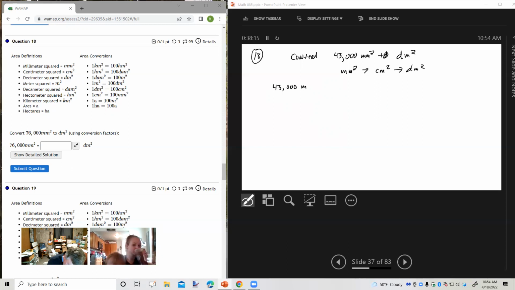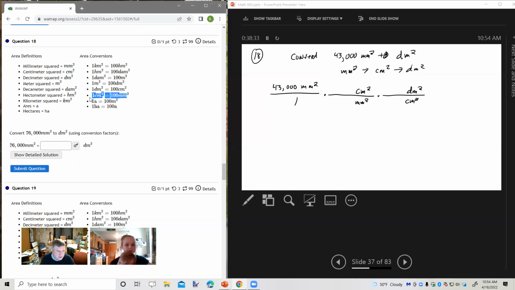43,000 square millimeters. I'm going to go from square millimeters to square centimeters to square decimeters. So let's see, square millimeters and square centimeters. 1 square centimeter is 100 square millimeters.